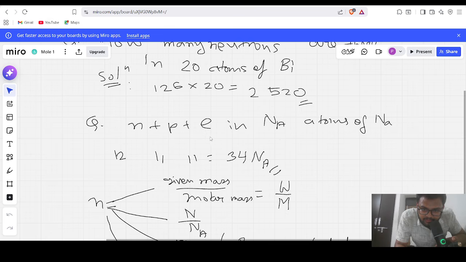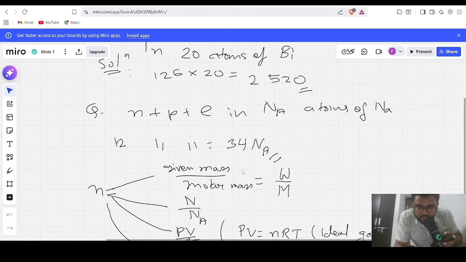In 1 atom of sodium, there are 12 neutrons, 11 protons and 11 electrons. The atomic number of sodium is 11 and the mass number is 23, so the number of neutrons is A minus Z, 23 minus 11, which is 12. So the total is 34 per atom, and for Na atoms the total entities is 34 Na.